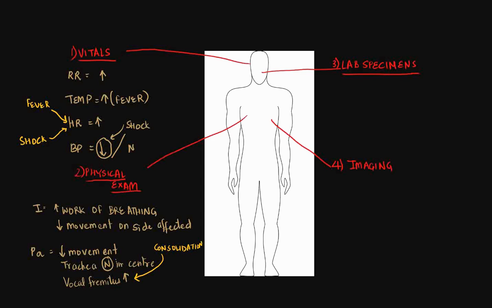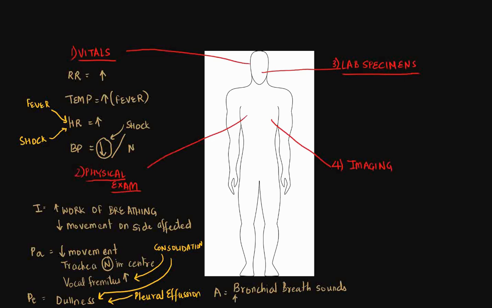On percussion, we may find dullness, which can be either due to consolidation or due to pleural effusion. On auscultation, bronchial breath sounds will be heard and there will be increased vocal resonance. This is nothing but the auscultatory finding of increased vocal fremitus.